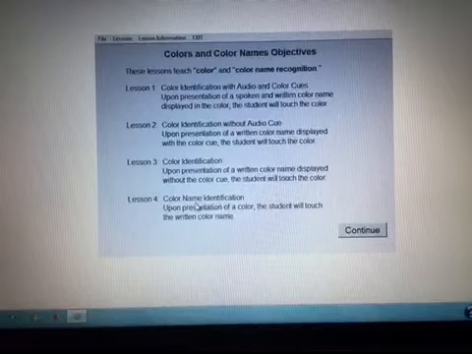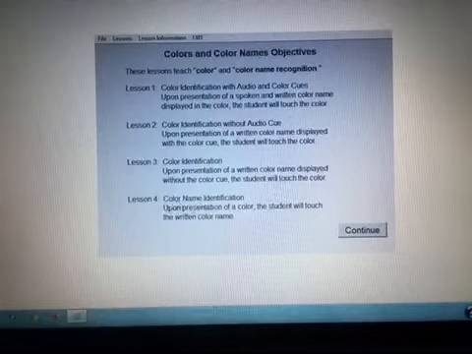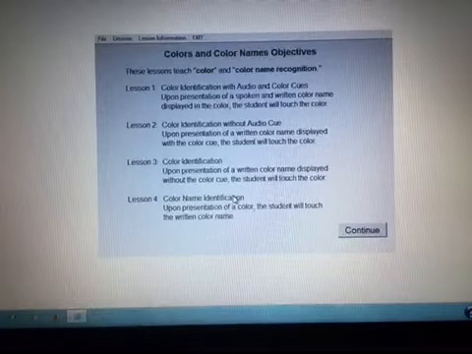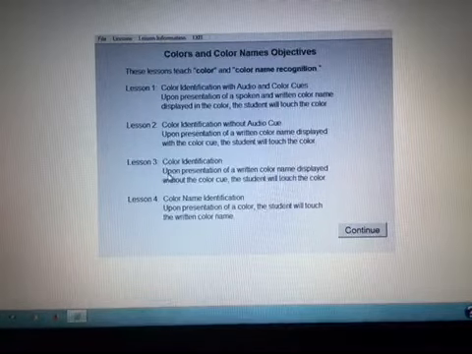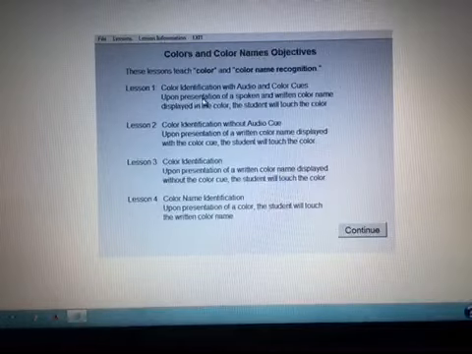And finally, we have the color name identification. So while the course contains information relating to colors, our objective is to actually have the student read.